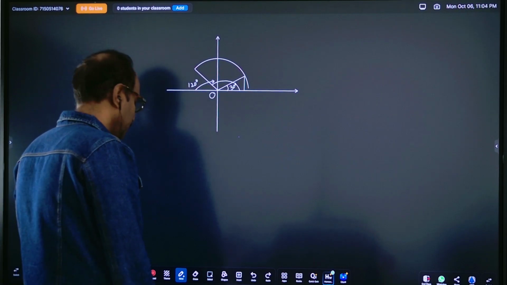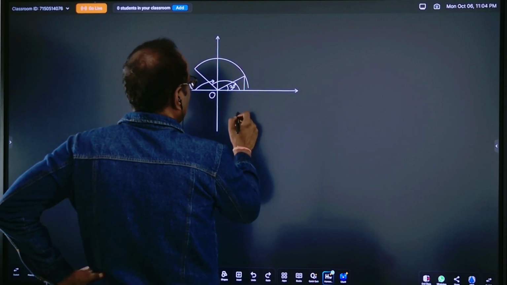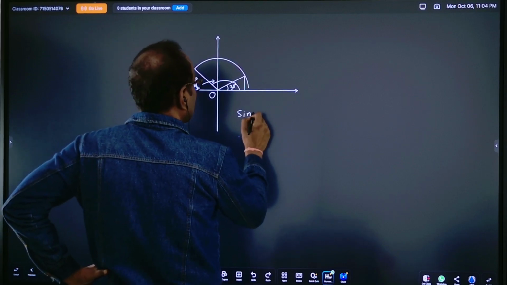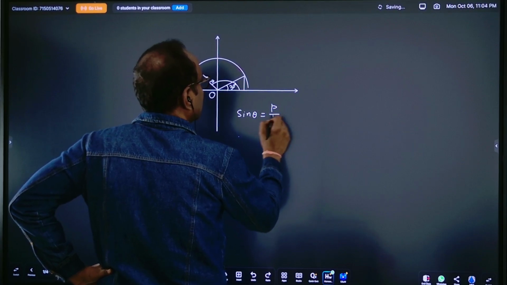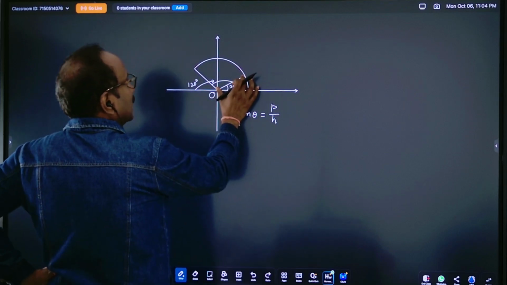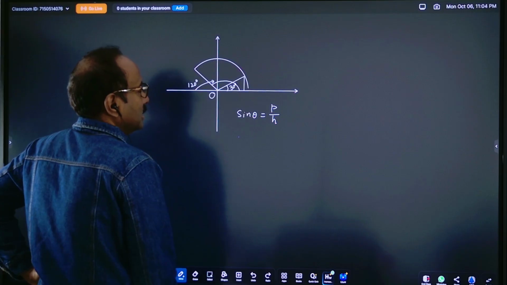So in sine of the angle, you know that sine theta is equal to P by H. Here what is your H? H is the radius of this circular arc, right?